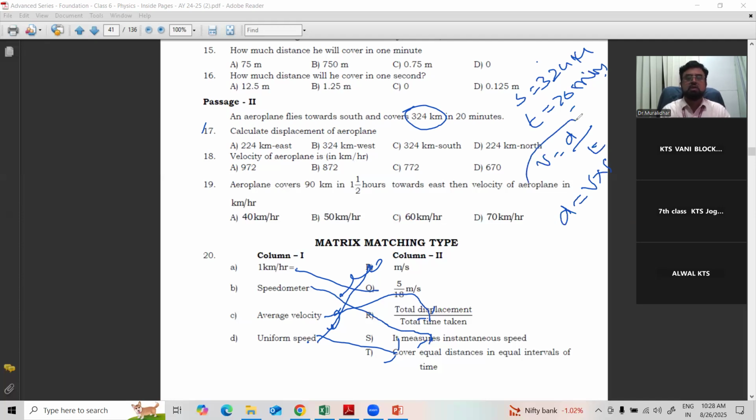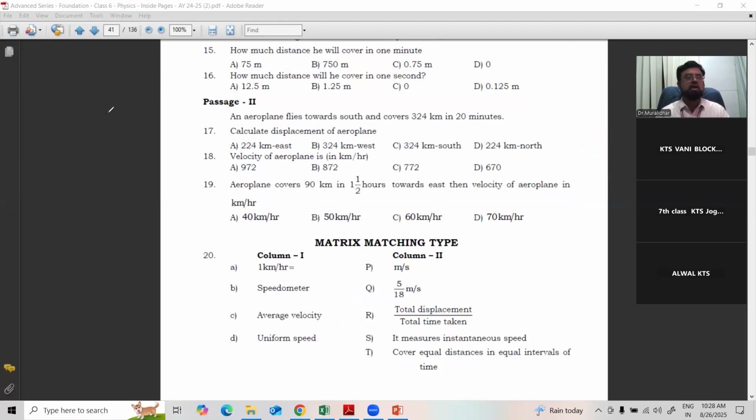So velocity is distance by time. Distance is 324, time is 20 minutes, which you converted into 20 by 60 hours. Right? 324 by 20 by 60, you can do the calculation and get the answer. The thing is, you need conversions. Physics requires conversions also, because when you are solving anything, all should be in the same system. So like that, you can solve any kind of questions from this particular material.